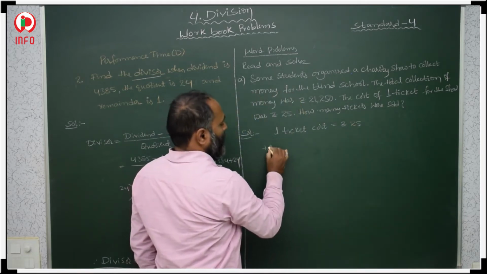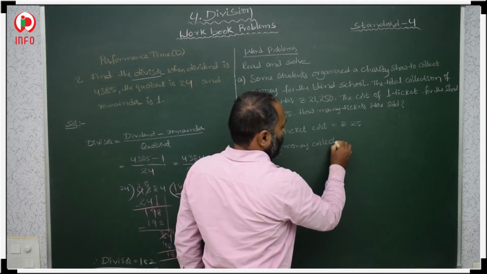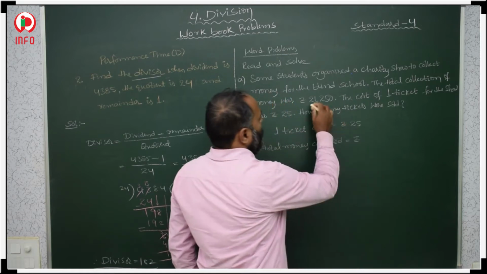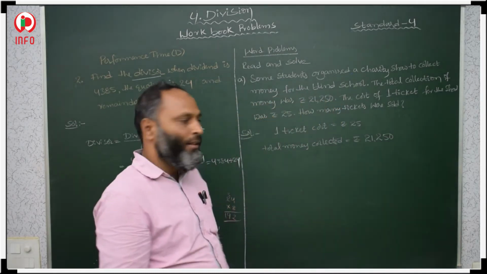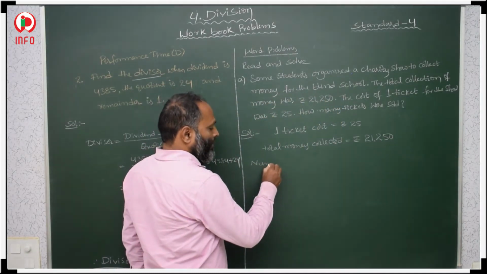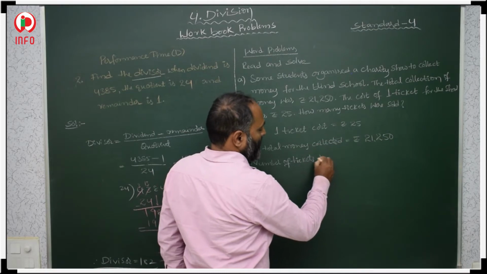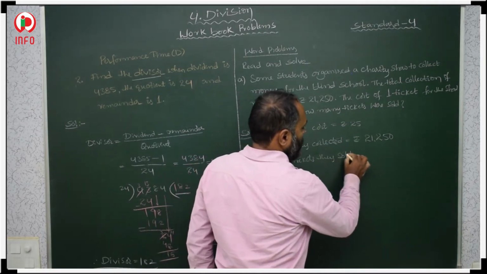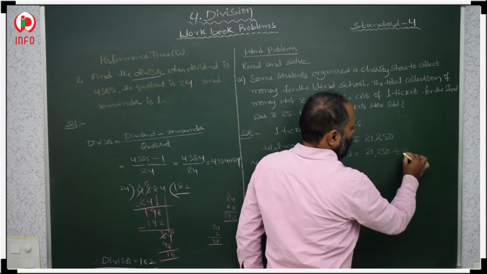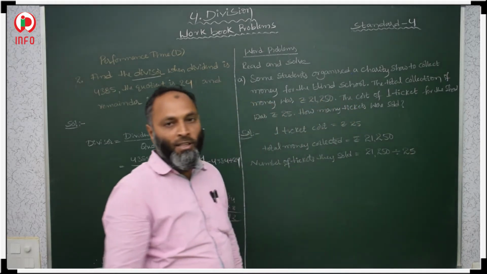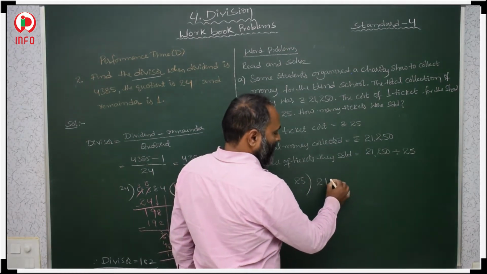Total money collected: how much amount did they collect? 21,250. Then the number of tickets they sold is equal to the total amount divided by 25. It means 25 divides the total amount, that is 21,250.